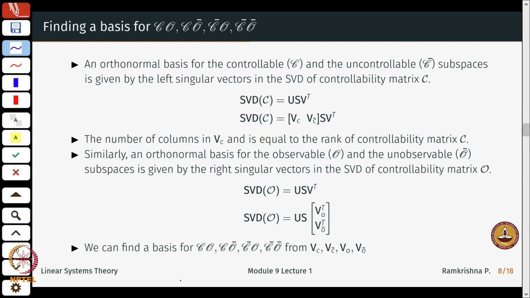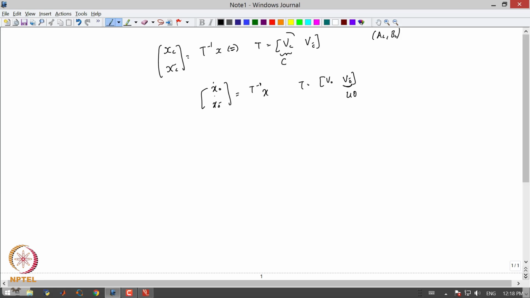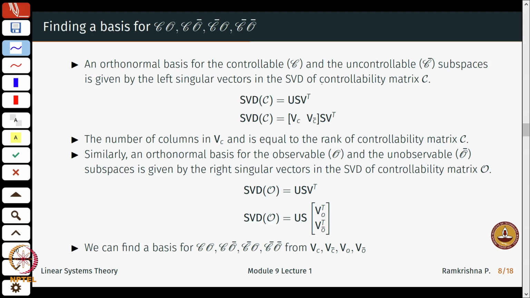Okay. So, the other way of looking at how to arrive at this VC and VO bar is also via the singular value decomposition. So, I take the controllability matrix, and I try to find an orthonormal basis for the controllable and the uncontrollable subspace, and this is given by the left singular vectors in the SVD of the controllability matrix.